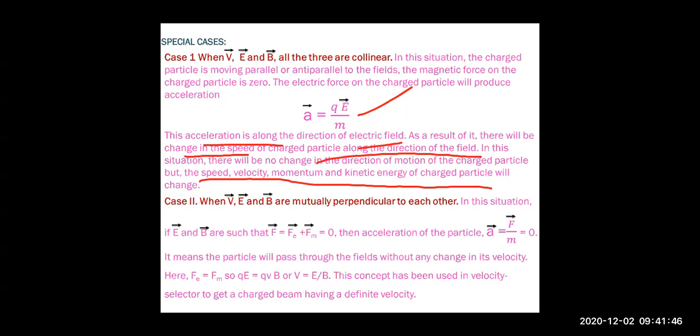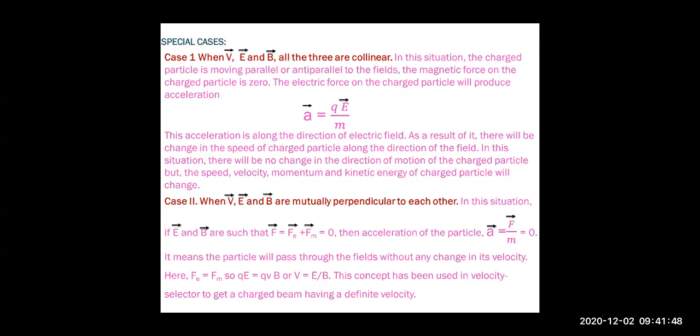Now, the next case, children, is when V, E, B are mutually perpendicular, meaning 90 degrees to each other. This is the case when the total Lorentz force will become 0. Right?